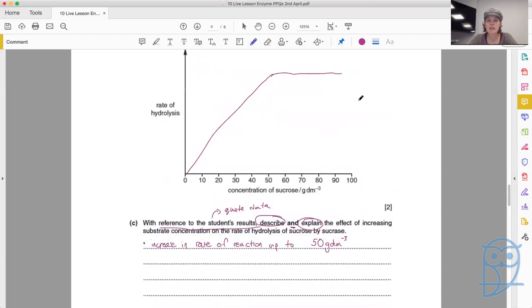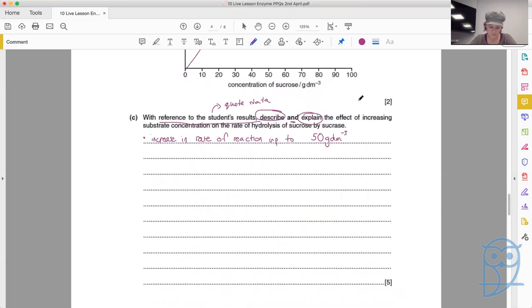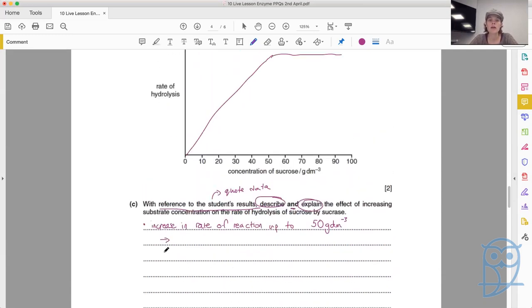That's where we leveled off. Okay, so in this zone, we want to make reference to what's limiting the reaction. Okay, and we know, especially when we look down here, we can't have a reaction when we don't have substrate.